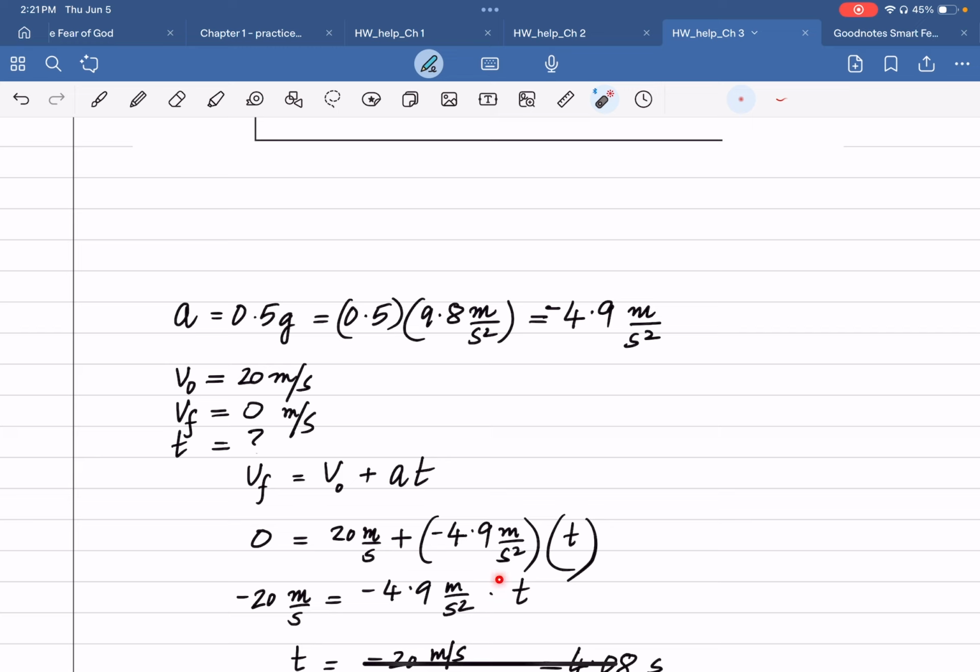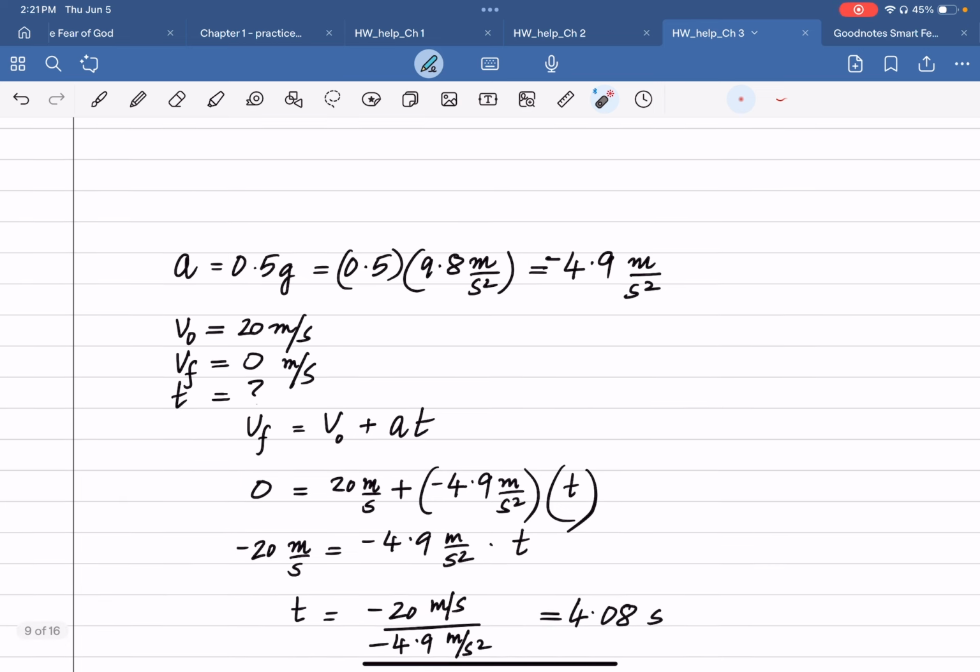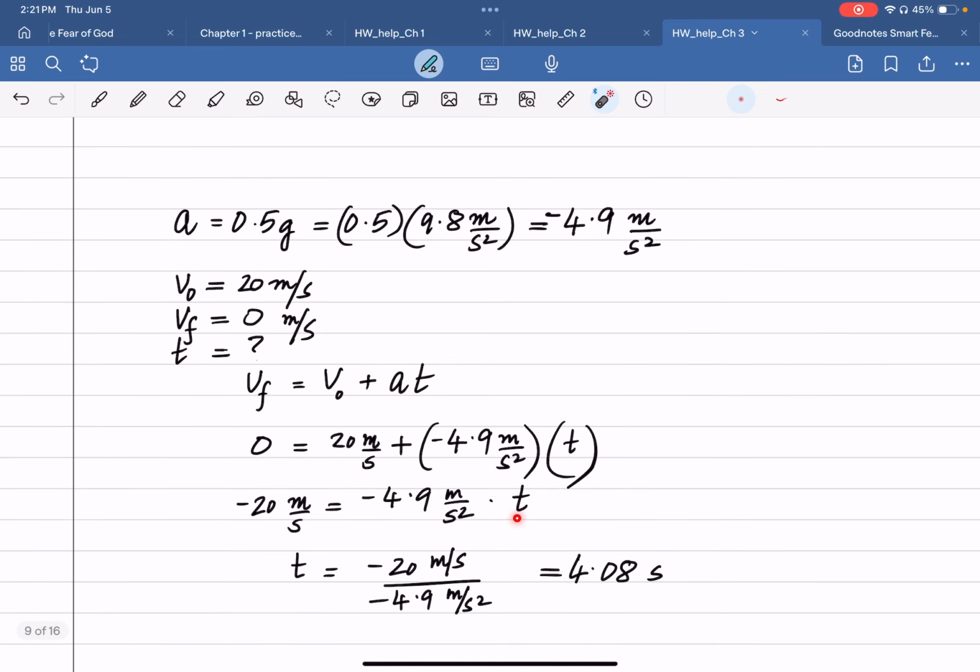Do remember that this is one term. The next step is to divide both sides by negative 4.9, because then the negative 4.9 here will cancel out, and here you'll be left with this. Negative divided by a negative is positive, and you get the answer as 4.08 seconds.